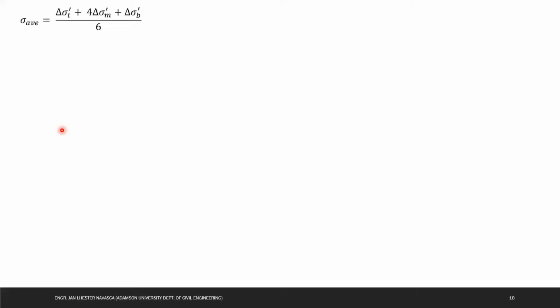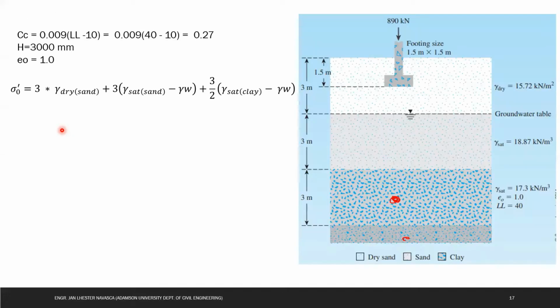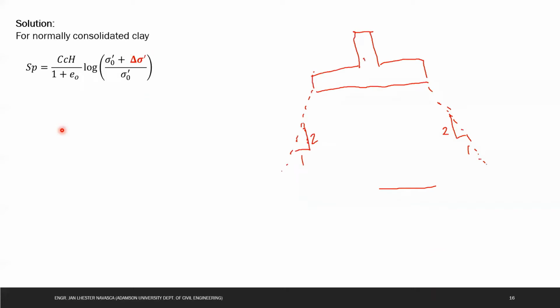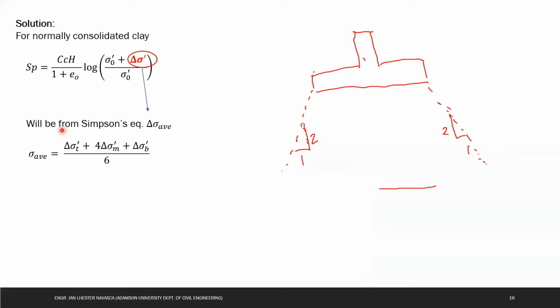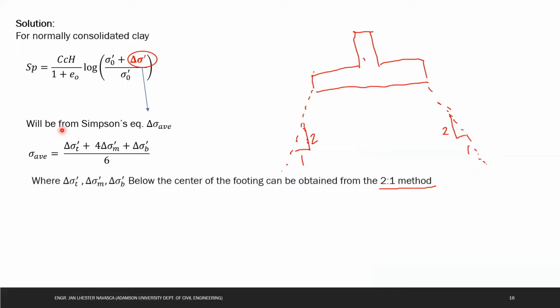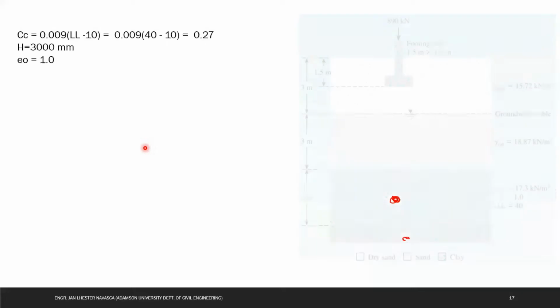So going back to the equation, from the Simpson's equation, we have the delta e average. So we need to find the delta sigma prime at top, delta sigma prime at middle, and delta sigma prime at bottom of the clay layer using the 2:1 method.